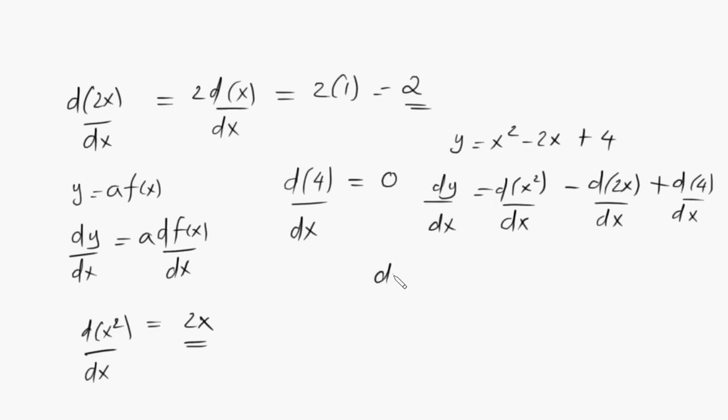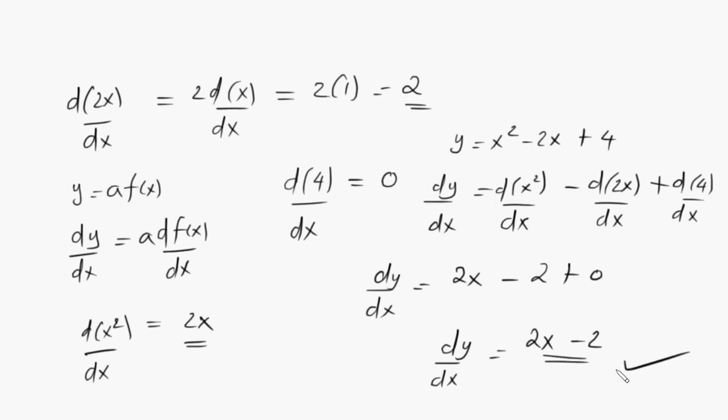So our dy/dx now is just equal to hii ya kwanza tumepata 2x minus hii ya pili tumepata 2 na hii ya tatu tumepata 0. Kwa hiyo jibu letu la mwisho ni dy/dx equals 2x minus 2. Sawa, last answer. Kwa hiyo hivyo ndivyo tunavyoshuka na hizi polynomial functions.